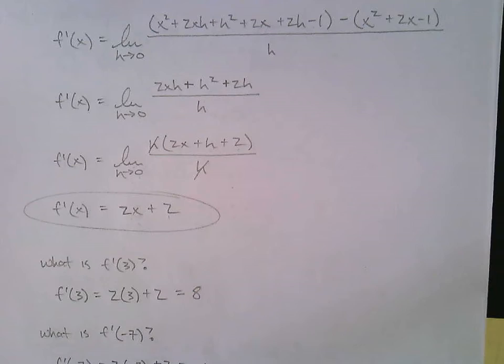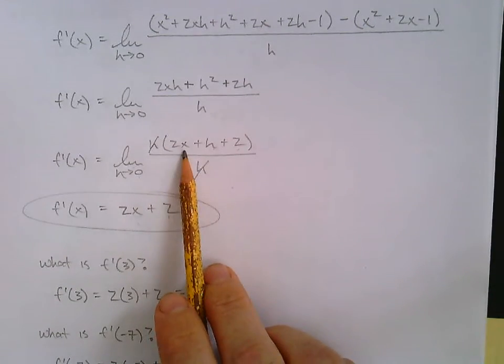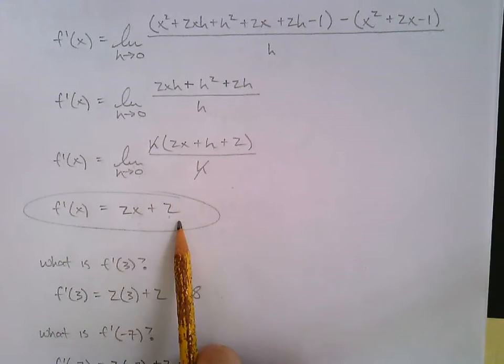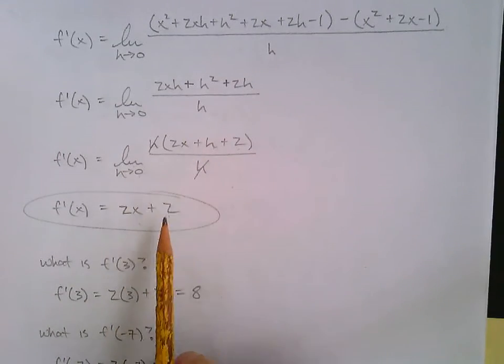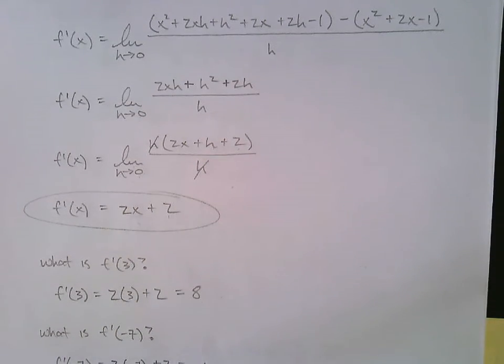Okay, you want it to be notationally correct. So something like saying 2x plus h plus 2 equals 2x plus 2. No, they don't equal one another. But the limit as h approaches 0 does equal this. Okay, there are some different styles that are all true.